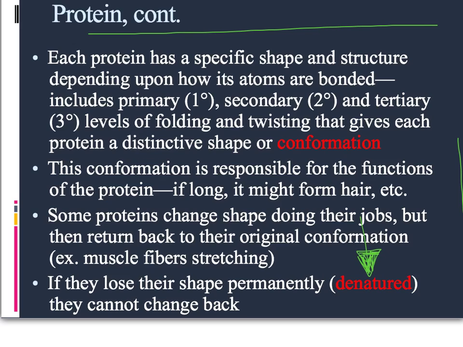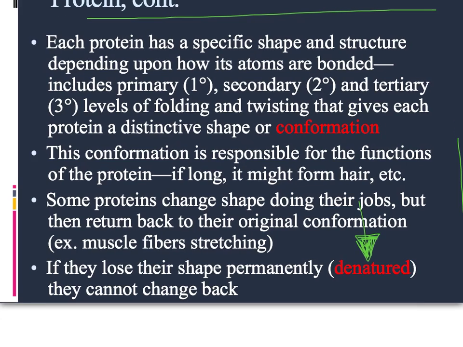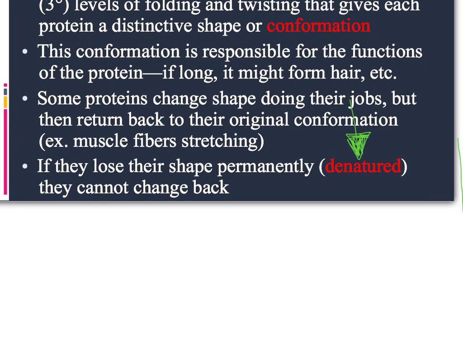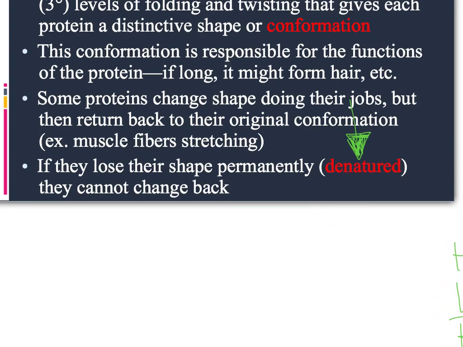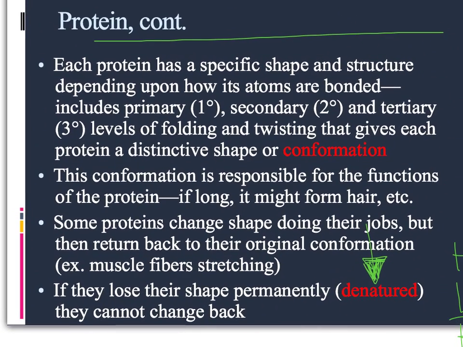So if we heat it up really high in most cases, the protein will lose its shape. We can add large amounts of light energy. Radiation is another one that really messes with protein shape and structure. And if you change the shape and structure of a protein and the way it's meant to behave, it seriously causes problems with everything down the line. So again, I'll show you some examples of this in class.